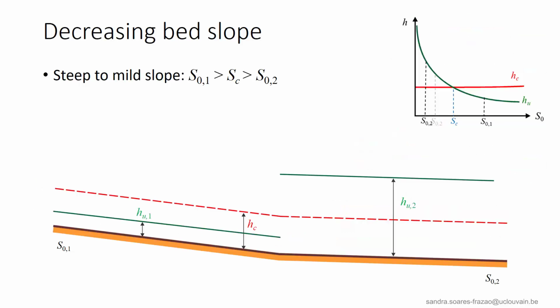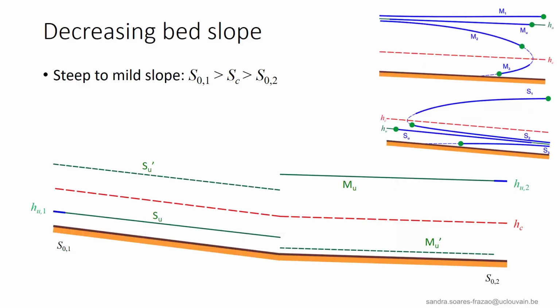How could we then observe a hydraulic jump in the upstream reach? If the bed slope S02 becomes even milder, the normal depth HU2 increases. And in that case, the downstream MU profile is above the SU prime curve.